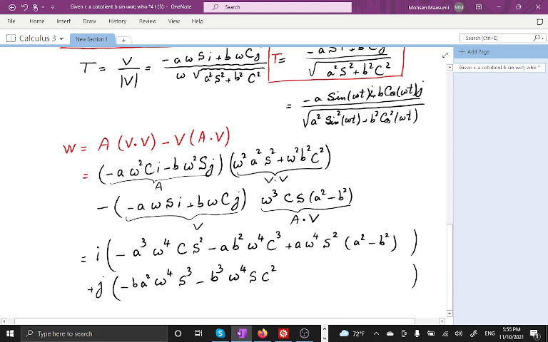I have minus b omega cubed, so I write minus b omega to the power of 4. Then I have c times s, so the c squared times s, and then I'll have that factor of a squared minus b squared.